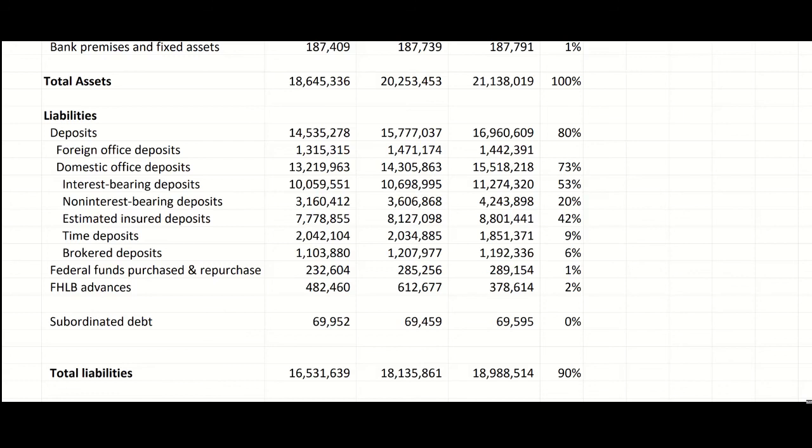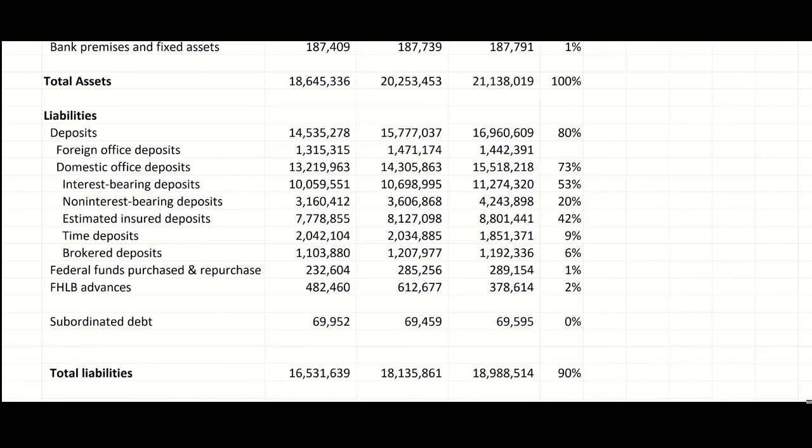Then we see Fed funds purchased and repurchase agreements. So here they're calling them repurchase agreements because it's a payable. These are Fed funds that have been purchased that are owed. They basically borrowed these Fed funds, and they borrowed money through repurchase agreements. Now, if you go above and you look at the Fed funds and the repo number, they don't match up.